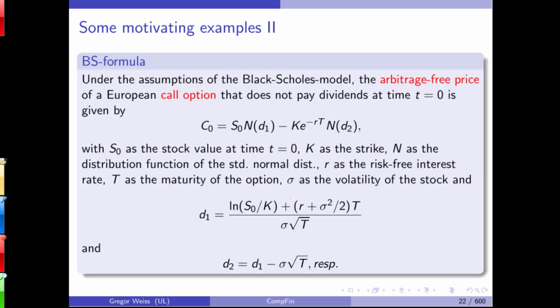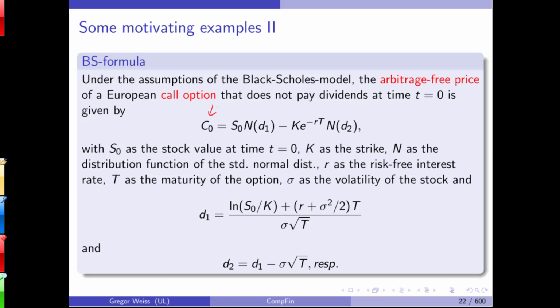What does this solution look like? Well, under the assumptions of the Black-Scholes model, you will have a pricing formula that looks like this: the price of a call option, European call, no dividends, etc. It should look like the current stock price times N(d1), that is the standard normal cumulative distribution function at point d1, minus the strike, discounted continuously with interest rate r over the maturity capital T, times the standard normal CDF at d2.